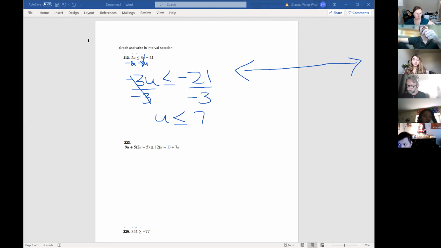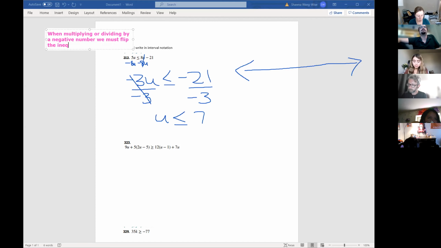So let's write that over here: when multiplying or dividing by a negative number, we must flip the inequality. That's something we didn't do, so we need to do that.